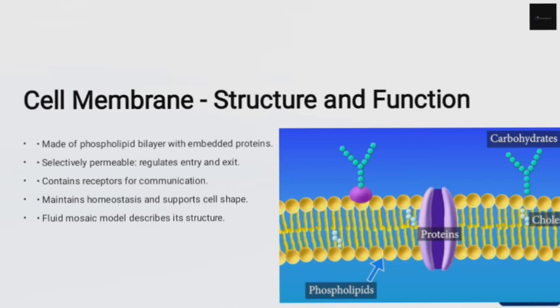Don't mind the color, I'm just using color to explain this to you. It does not have all these colors in actual sense. But when you look at it, it does not have a specific structure. It seems as if different components are mixed into it. So it's called a fluid mosaic structure, a fluid mosaic model. So I think that's all for cell organelles.